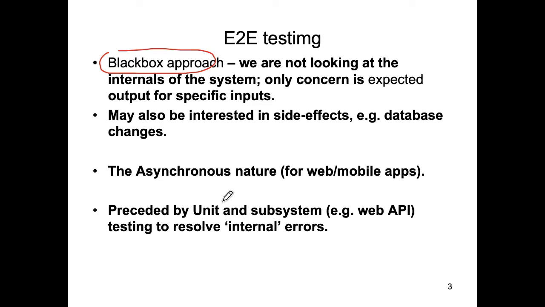So when you come to end-to-end testing or system testing, hopefully there shouldn't be any problems with the internal workings. Now you're just addressing it in a black box approach because you know the internals of the black box are working. So you're just saying, if I give it inputs, then I expect it to generate certain responses or outputs.